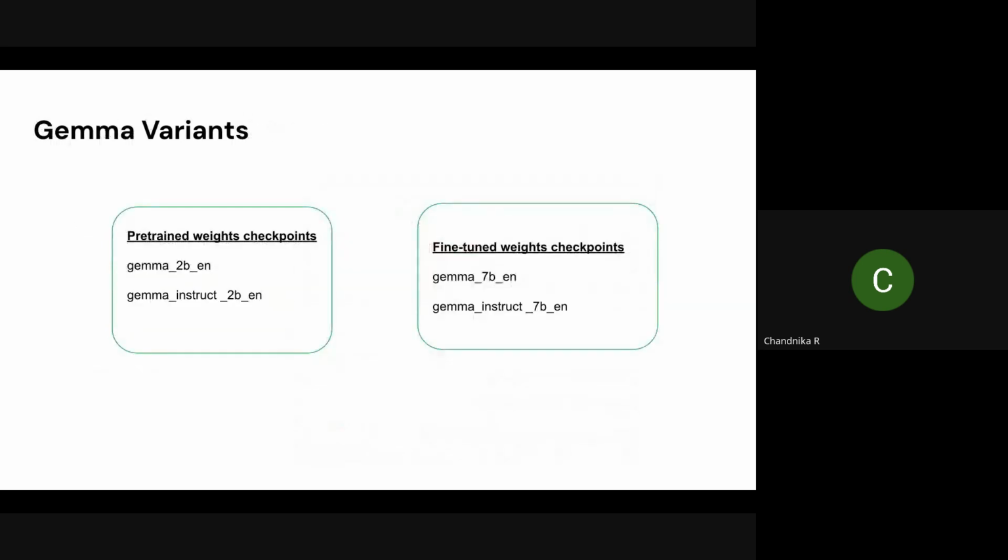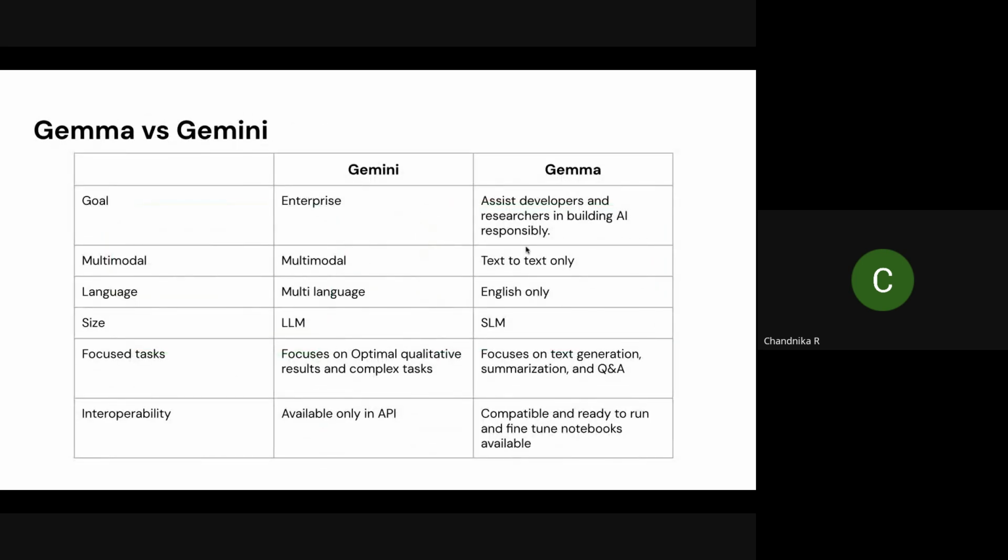Like we saw here, Gemini versus Gemma: Gemini handles multimodal features like images and videos, but Gemma is only for text.